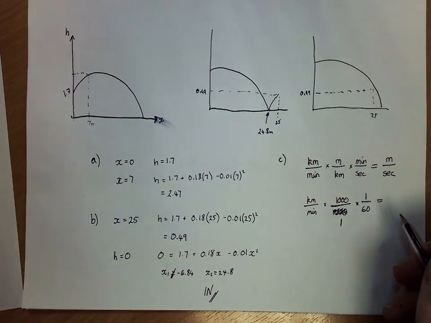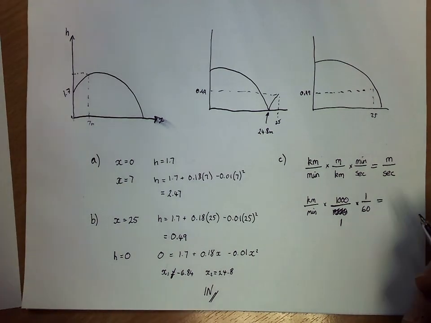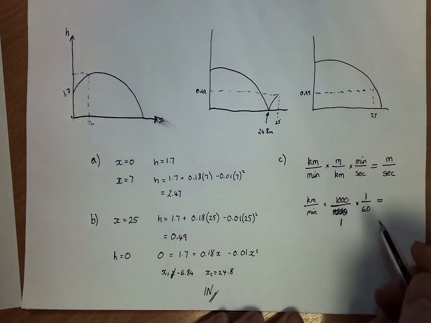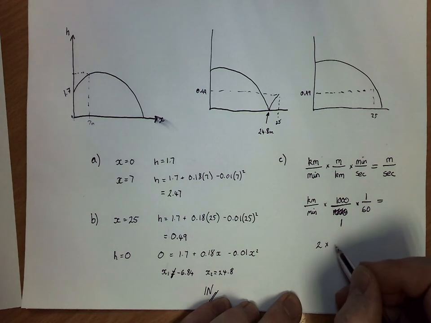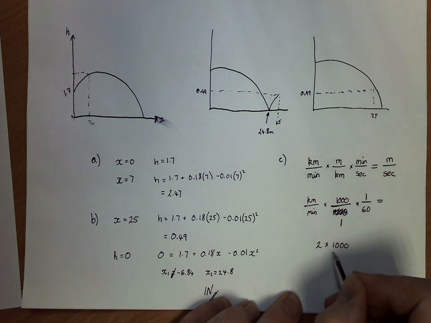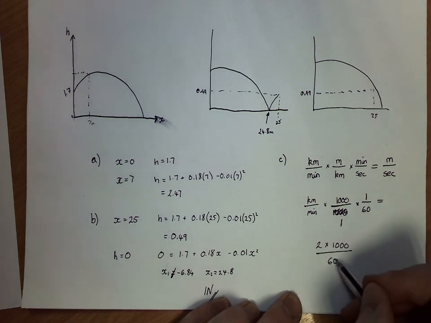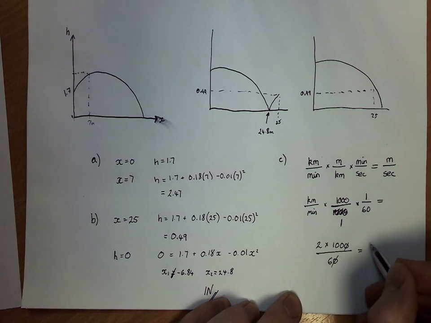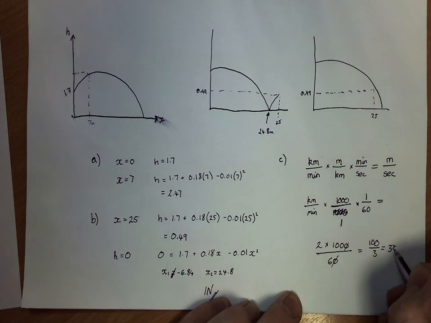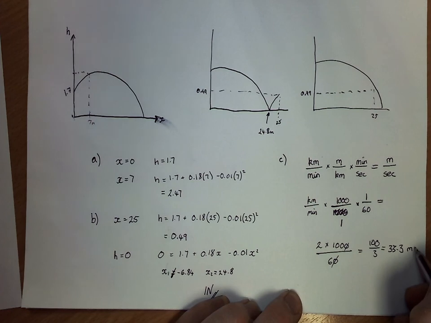So this tells me that I'm going to be timesing by 1000 and dividing by 60. So 2 times 1000 divided by 60. That will cancel out. So I end up with 100 over 3, which is 33.3, and that is going to be meters per second.